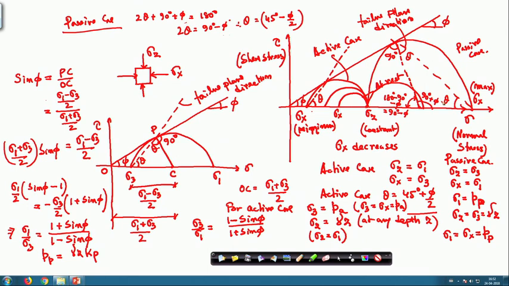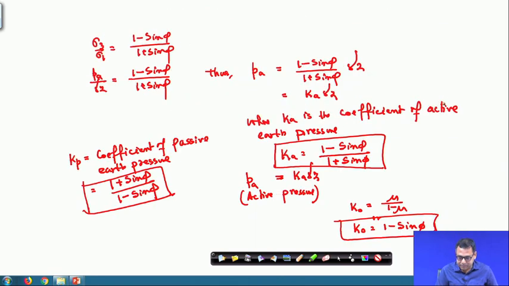This is very important. In case of active, the failure plane makes an angle 45 degree plus phi by 2 with the horizontal, and for the passive, the failure plane makes an angle 45 degree minus phi by 2 with the horizontal. So, these are all the expressions for active and passive condition.